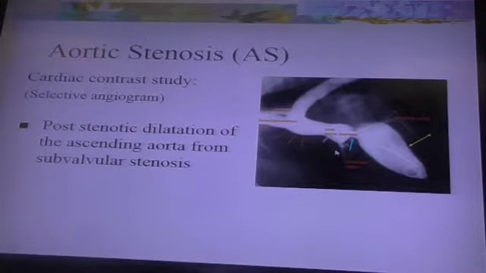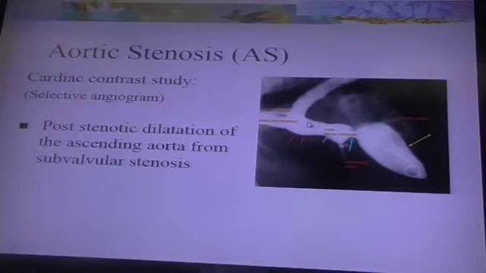Okay, let me repeat it. Because you're going to go for echo, you're not going to need to do this. I'm just giving a rule of thumb, just in case. So if you did a measurement across the aortic valves, and then a measurement of the ascending aorta, the diameter across the ascending aorta should be less than the diameter across the valve.